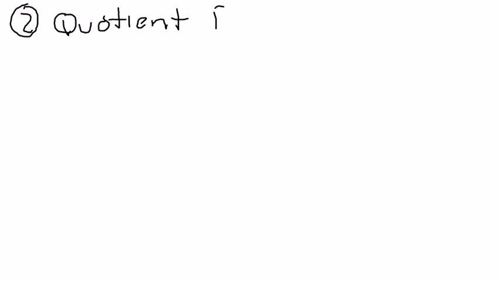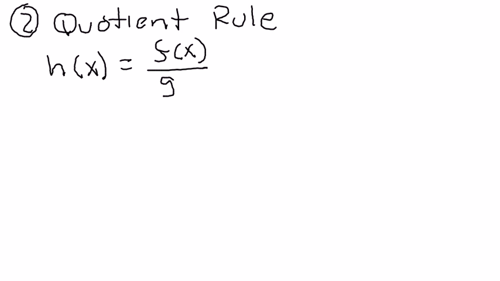Our second technique is going to be quotient rule, and it's when we have two functions divided by each other. With the quotient rule, if we have h of x equals f of x divided by g of x, then I can find the derivative of this.